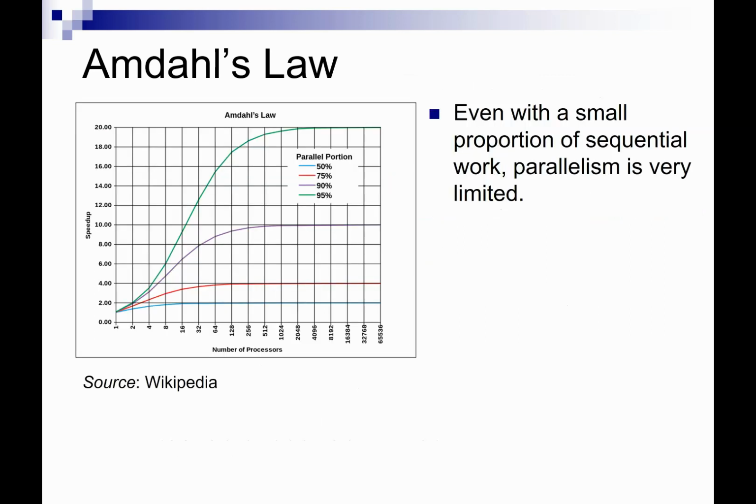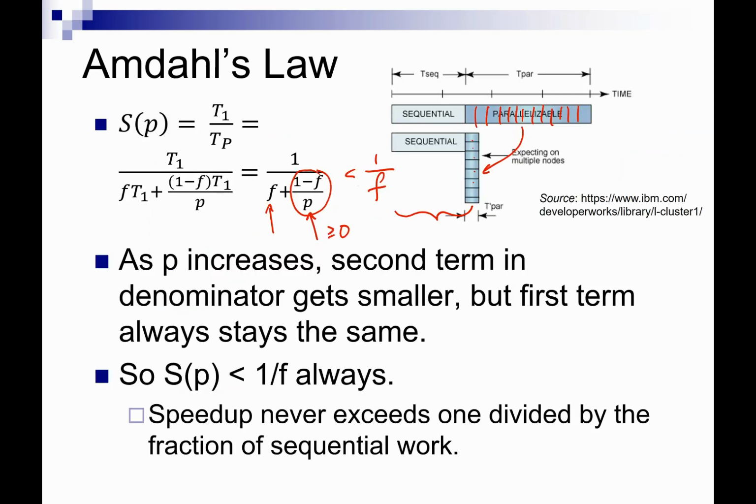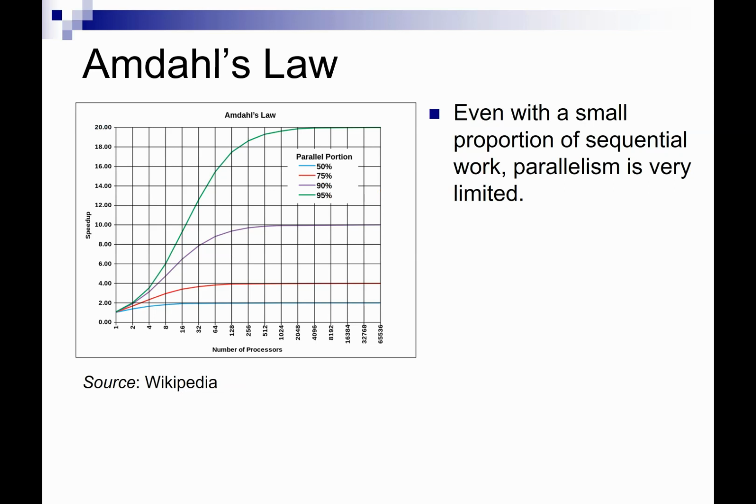Now let's take this expression from Amdahl's law for the speed up, and look at what happens when we use some actual numbers for f. This expression is in terms of the sequential fraction f, so let's try some actual values for f and see how much speed up we get.